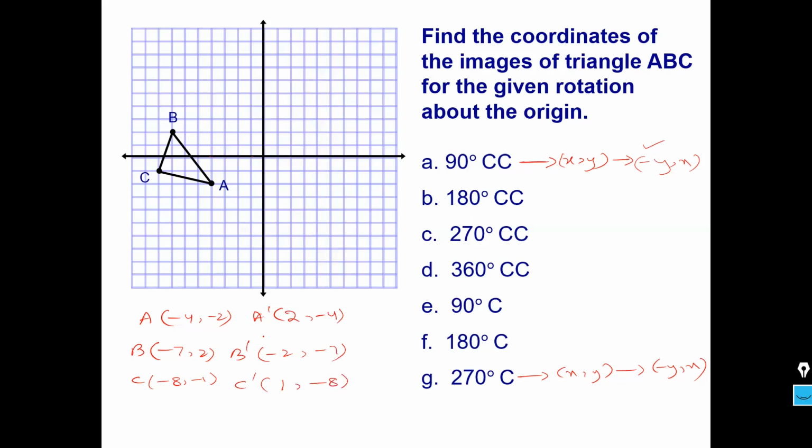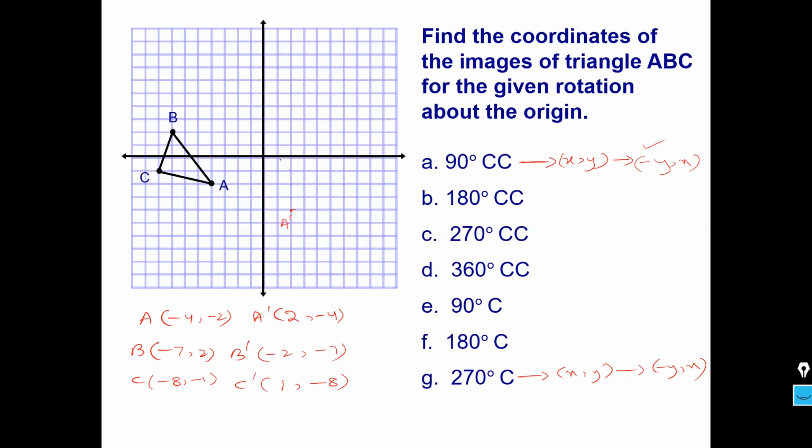So let's see how A dash, B dash and C dash have been made. So 2 and -4: A dash is 2, 1, 2, and -4, 1, 2, 3, and 4. So this has become A dash. B dash, -2 and -7.